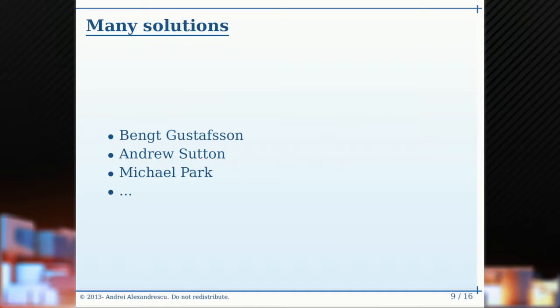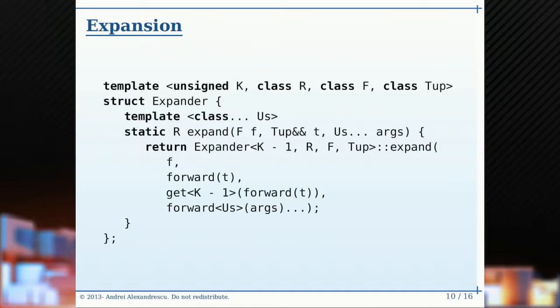Someone on Facebook also wrote one, so I've had an embarrassment of riches of sources of inspiration. It's one of those problems that comes about again and again, and I think it's a good opportunity for this short talk. Let's look at how it could be done.